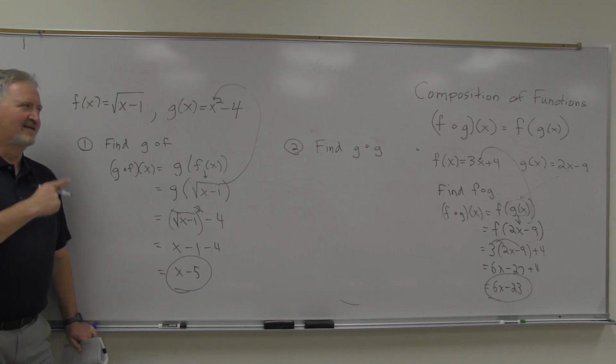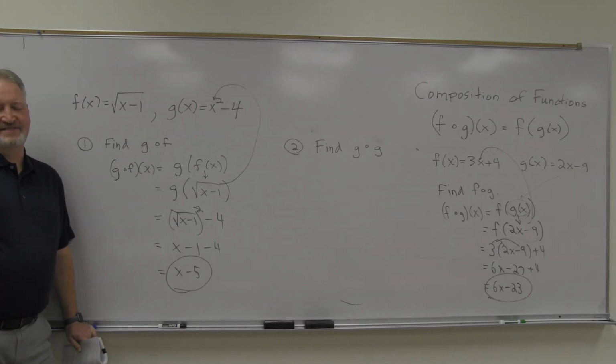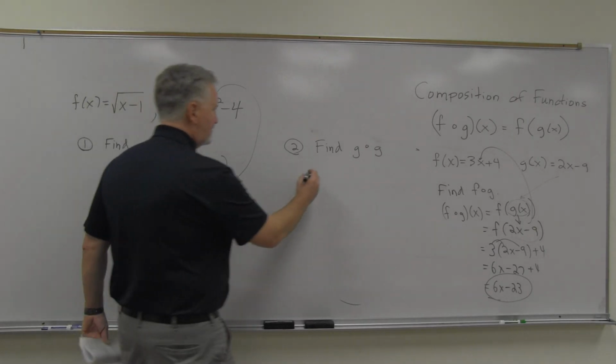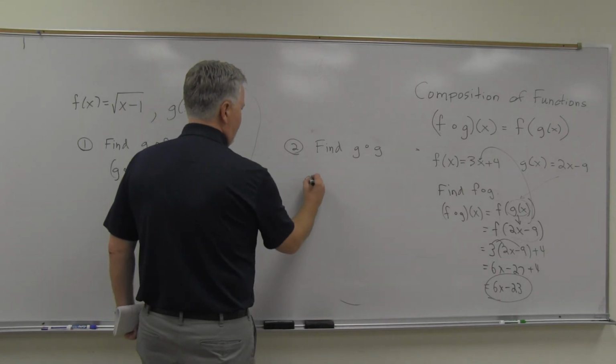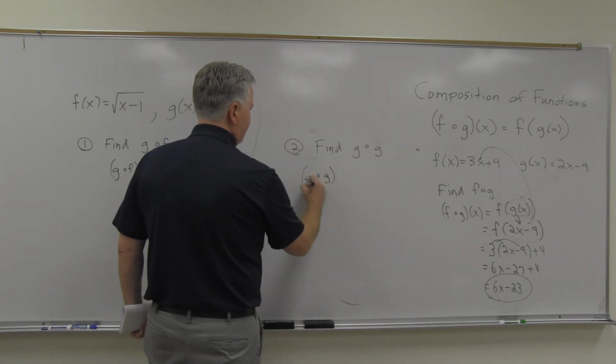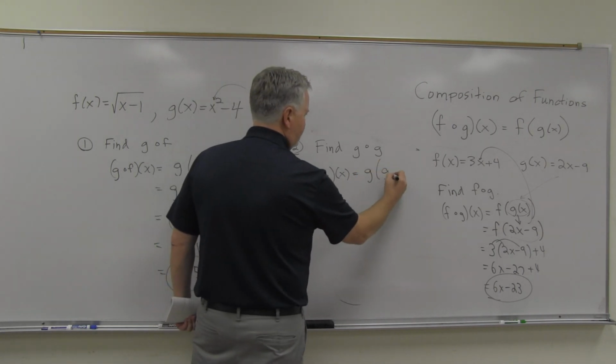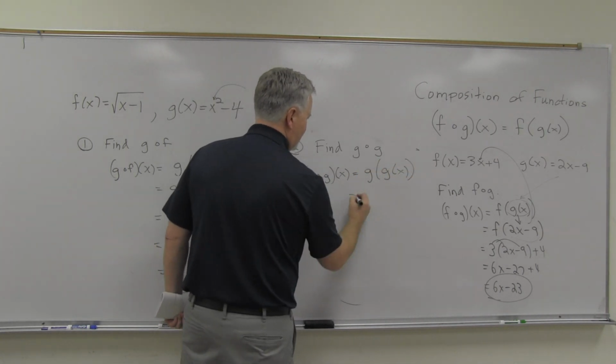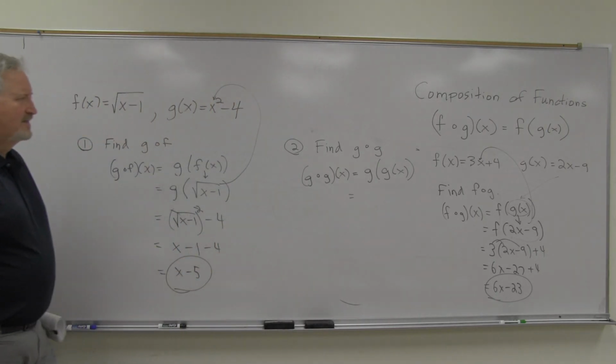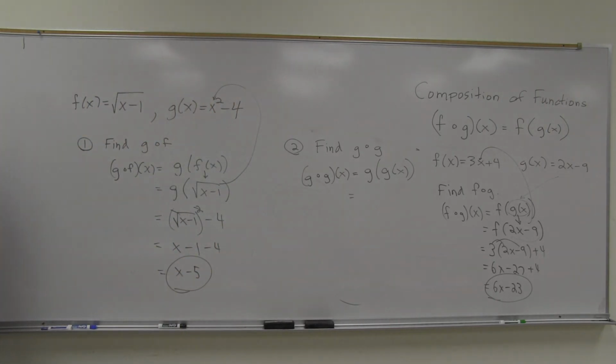What does that mean? We're composing g with itself, and so make a point about that. So it'd be g of g of x. So we're using g in both cases there, is what that amounts to.